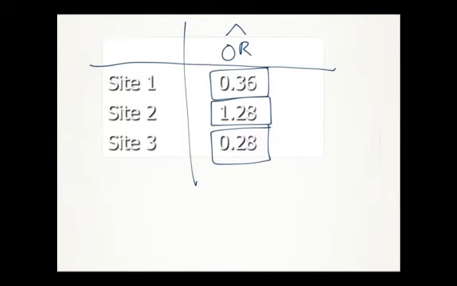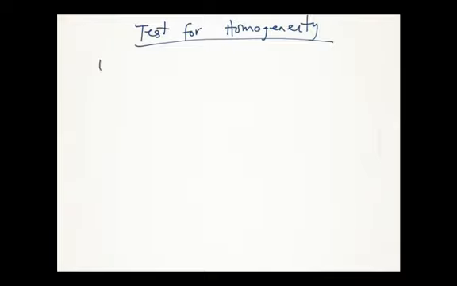So our question is, should we combine these 3 different sites? Okay. So what do we want to do? We want to conduct a test for homogeneity. What we've learned about today. Okay.